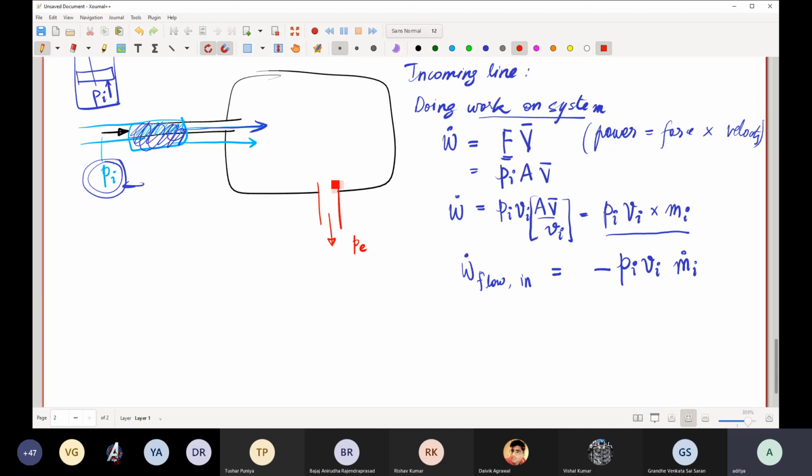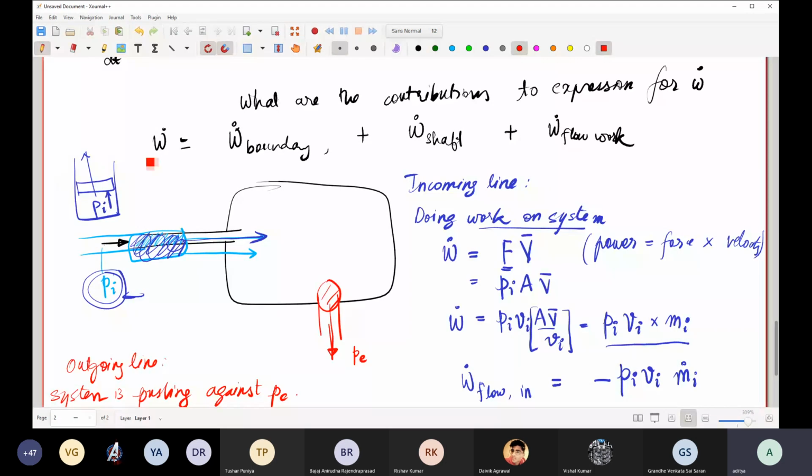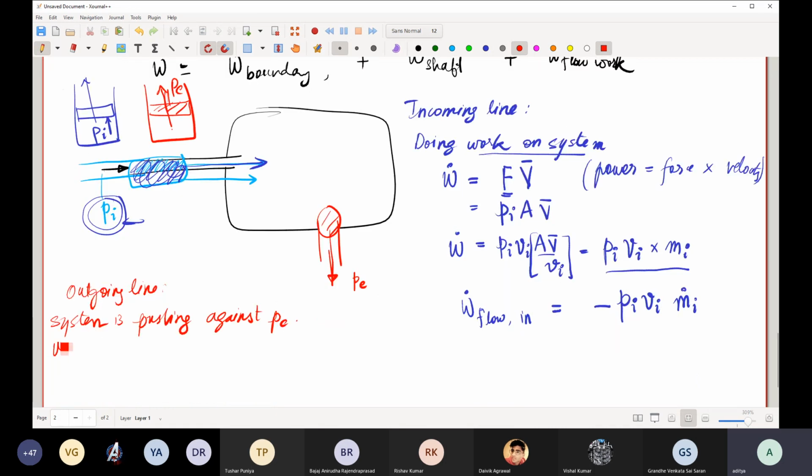Now when the mass is going out, it is as if the system is pushing against it. So in the outgoing line, the system is pushing against PE, meaning for the same analogy, you are pushing this piston against this PE. So what is the work done by the system? This work is by the system. Work done by the system. And what is it going to be? Positive.